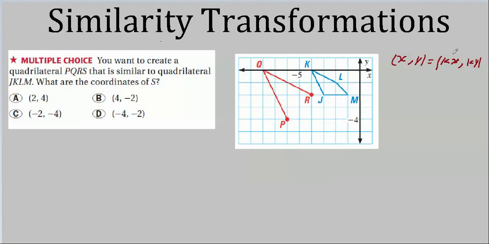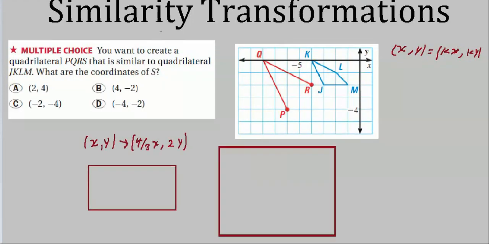If we expand x by one factor and then expand or contract y by some other factor, I think it's obvious that we're not going to end up with anything like the original figure. For instance, I did that down here just to show you what would happen and why k has to be the same for both x and y.